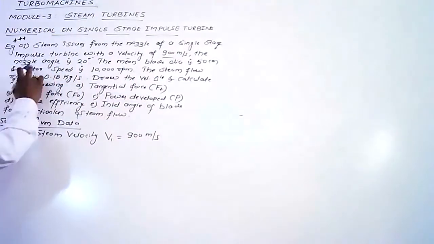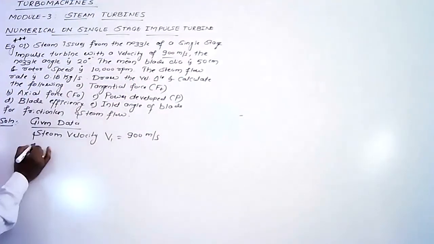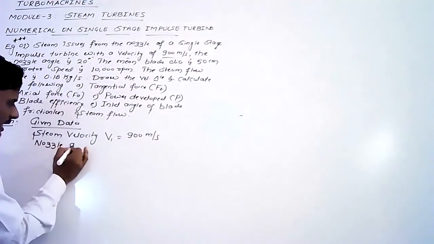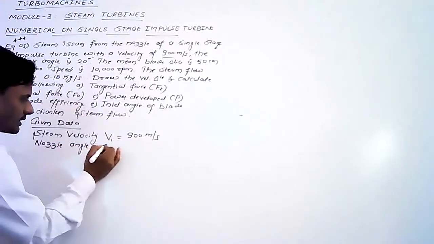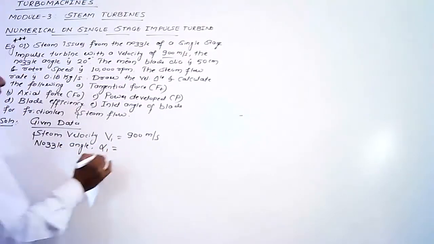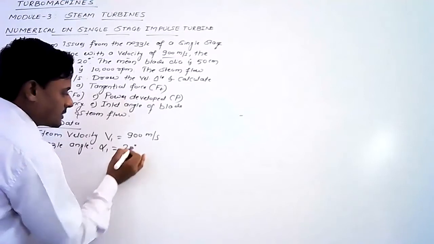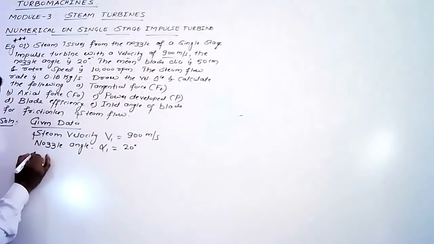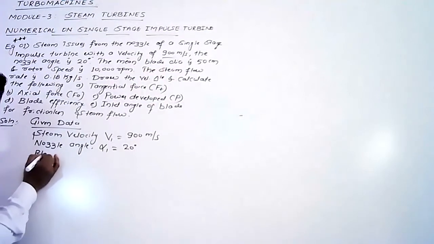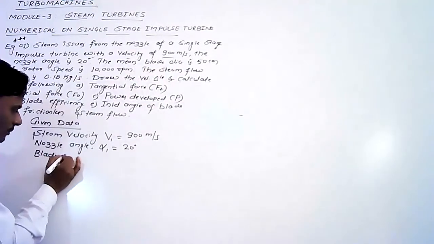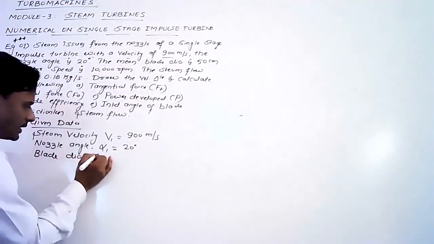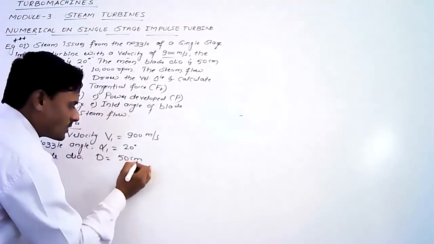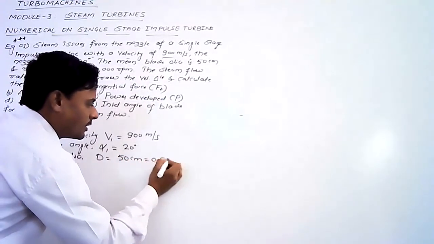Next, the nozzle angle is 20 degrees. As I said, the nozzle angle is represented by alpha 1, that is 20 degrees. Next, the mean blade diameter is 50 centimeter. Blade diameter or rotor diameter D equals 50 centimeter. Do take it in terms of meters, that is 0.5 meters.